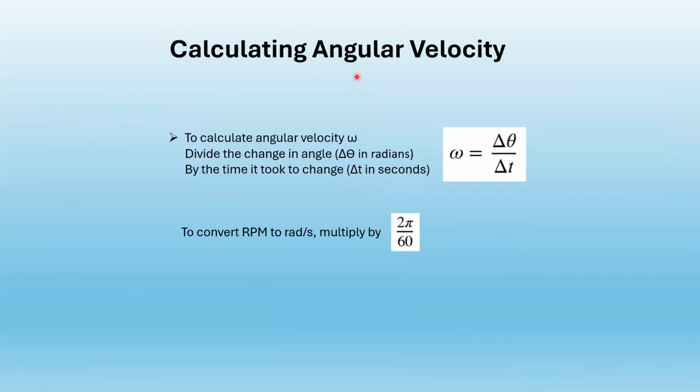All right, so calculating the angular velocity. To calculate the angular velocity, omega, divide the change in angle, delta theta, in radians by the time it took to change in seconds.